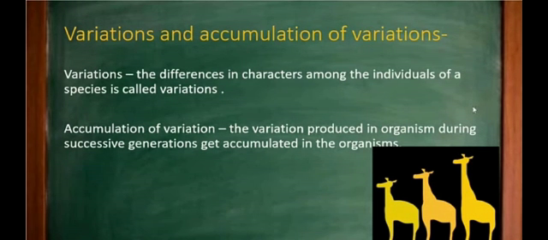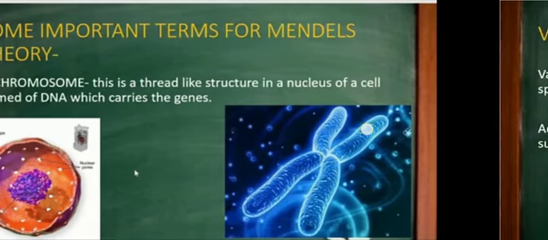That means that individual is having some variation. And accumulation of variation is the variation that comes in the offspring during successive generations. During each and every generation, it gets accumulated in the organism.